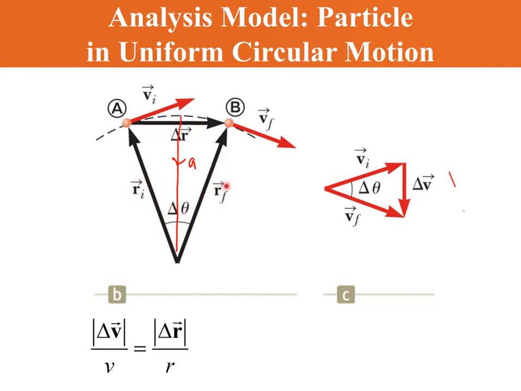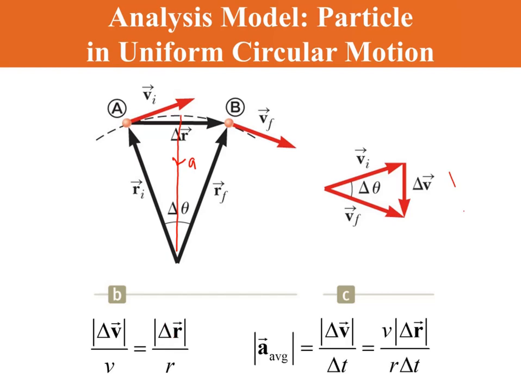The angles between these two are the same, and since the angles are the same, we can analyze the triangle in terms of delta v over v. So delta v over v is equal to delta r over r, since the two triangles are similar.